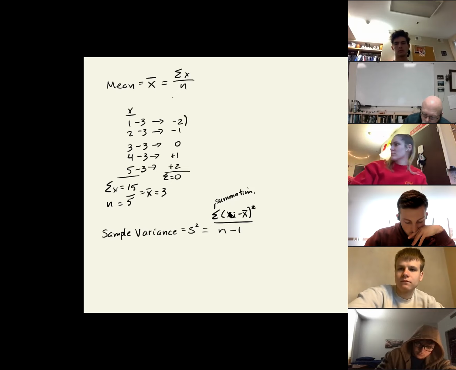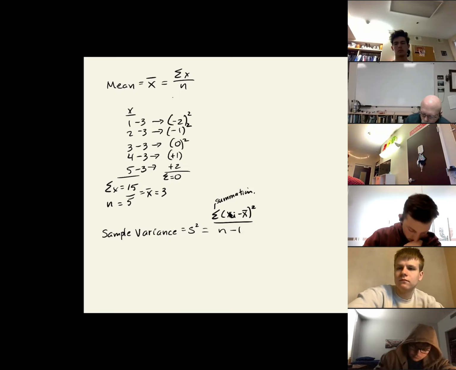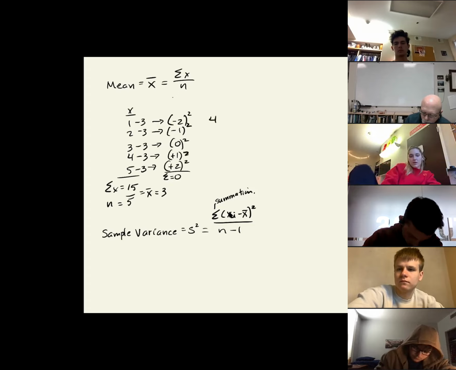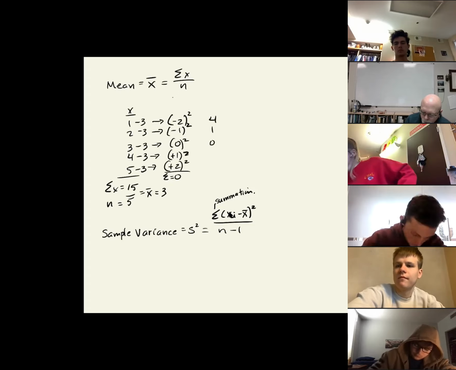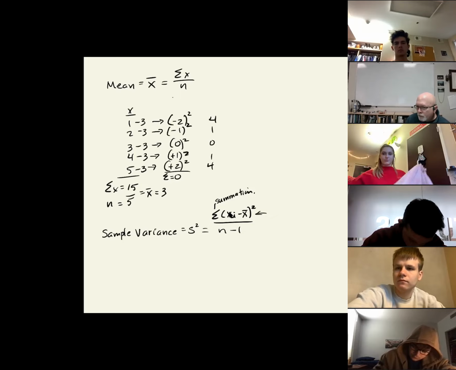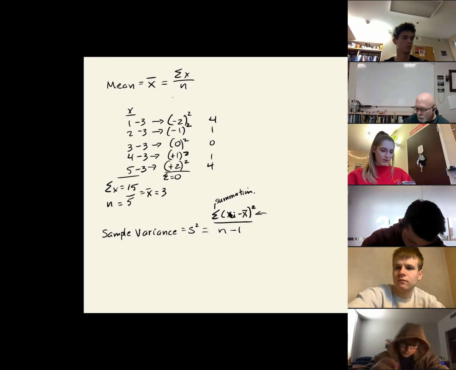And this is the reason why we take those deviations from the mean and we square them, because then that converts everything to positive values: positive 4, positive 1, 0, 1, and 4. So down here, where we square the deviations of the individual data points from the mean, the reason we're squaring is so that this thing doesn't sum to 0.